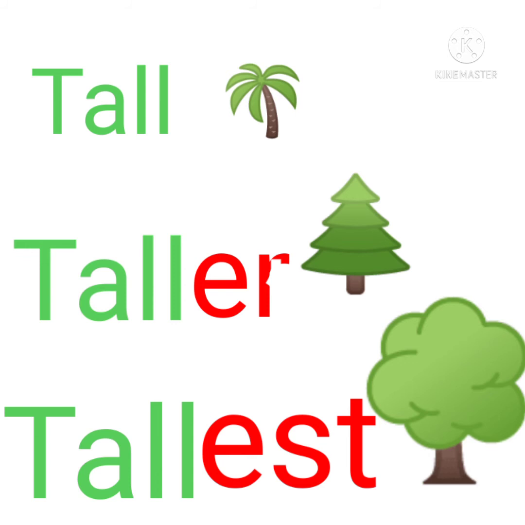If the word ends in a consonant, we should add ER and EST. In positive it ends in a consonant, so it is tall. In comparative we add ER, so it's taller. For superlative, it is the tallest, so we add EST there.